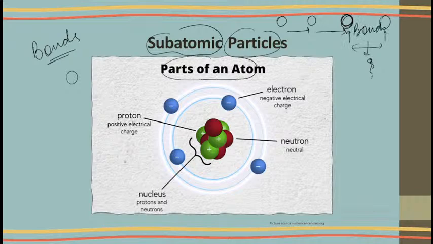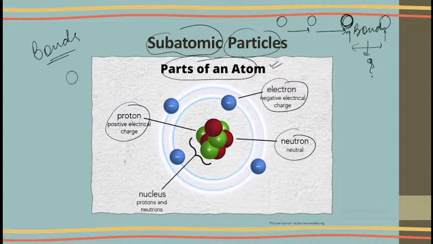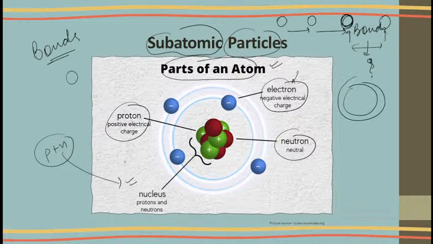Talking about the parts of the atom, we have the electron, the proton and the neutron, right? Now where are all these present? The proton and neutron are present inside the nucleus, and the electron moves in the various rings around it, technically called shells, right?